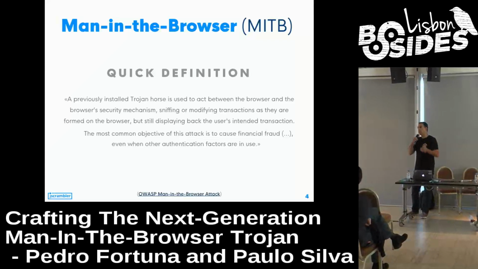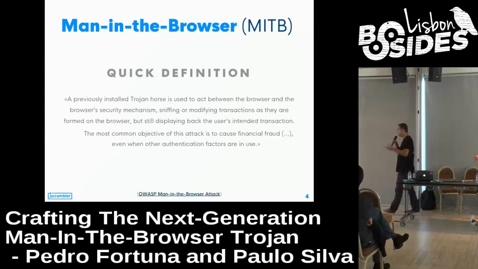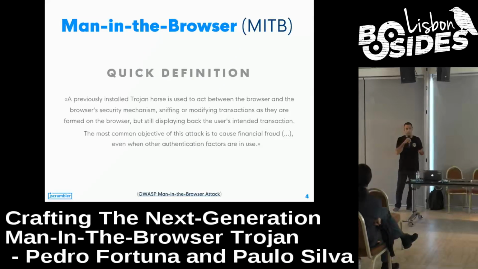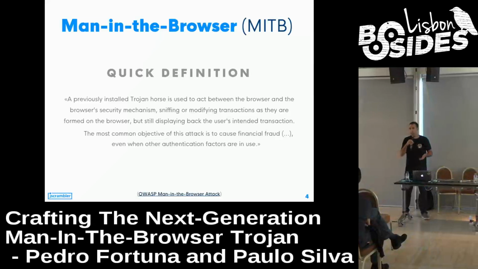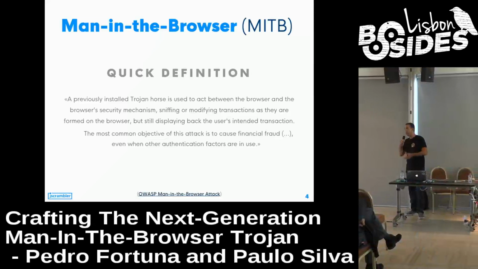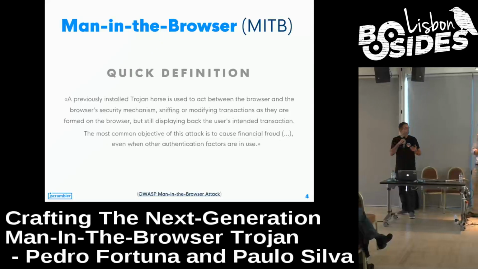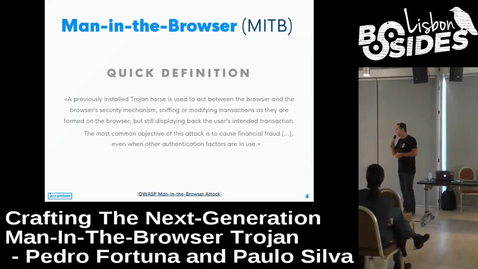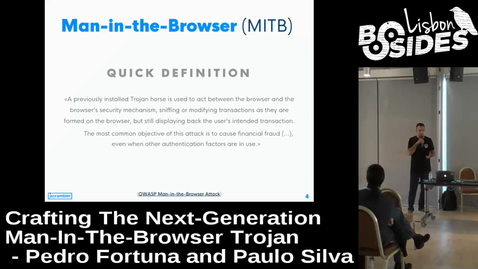And then the Trojan just quietly sits, waiting for the user to access one of the infected websites. And when it does, it's able to freely modify the HTTP requests and responses, inject arbitrary code into the web page, and exfiltrate sensitive information.